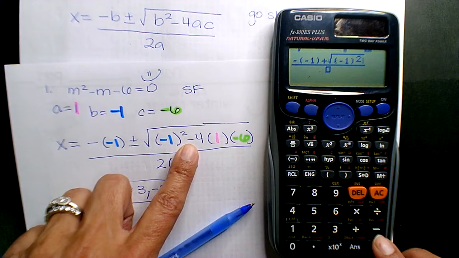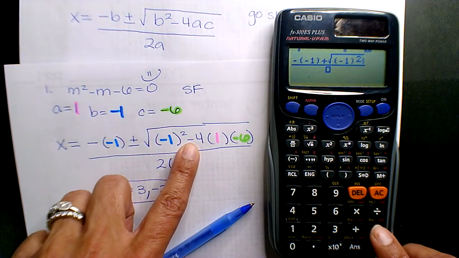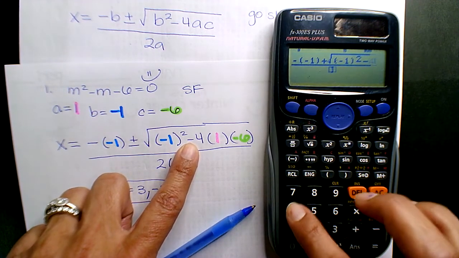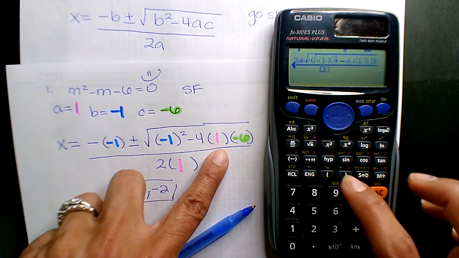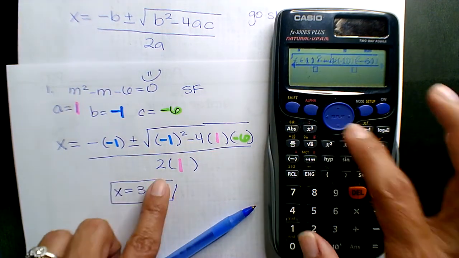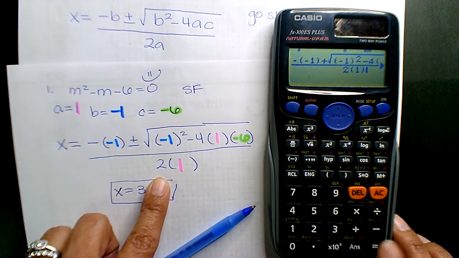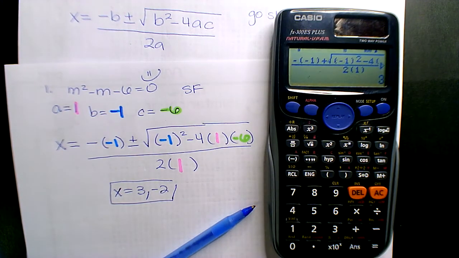This is a subtraction button, not the negative. -4, 1, -6, down, and there's my 3. If you're watching your friend type in the calculator, that's great for them, but it's not so good for you. You need to build muscle memory on the calculator so you know what to type. The square root? It's right here.